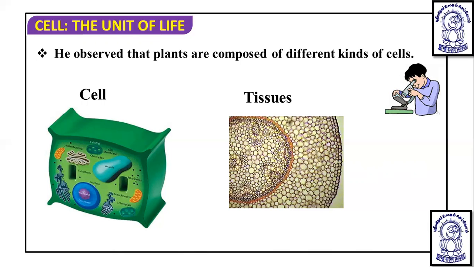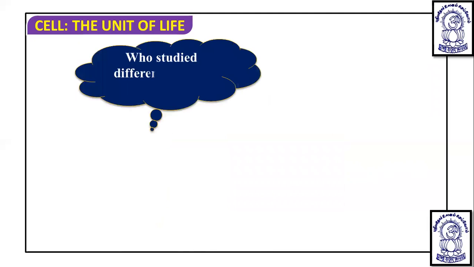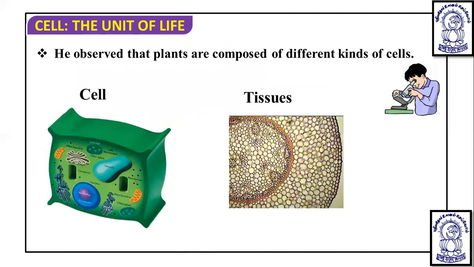So he examined a large number of plant tissues later on, and he found that all plants were made up of one or other kind of cell. Therefore, he concluded that the cell is the ultimate unit of... what?